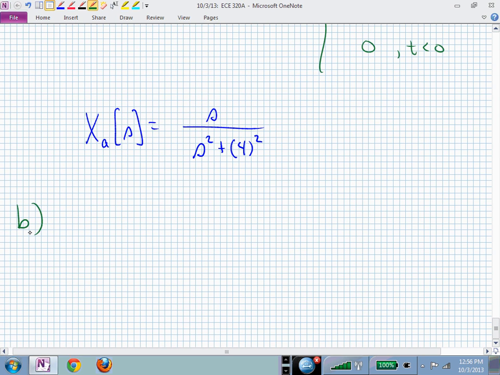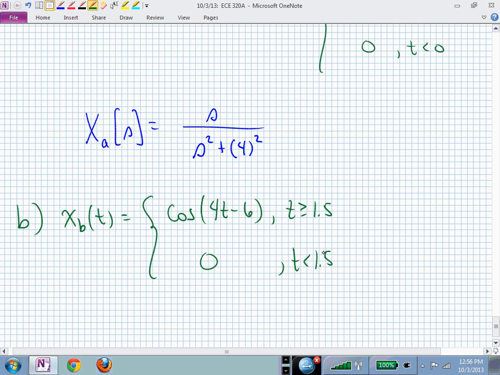All right, we're working our way through this to try to introduce some delay. What if we now looked at the following? What if we had x sub b of t equaling cosine of 4t minus 6 for t greater than or equal to 1.5 and 0 for t less than 1.5?